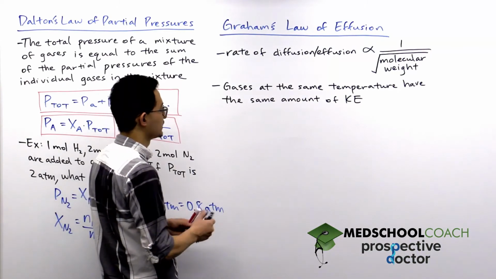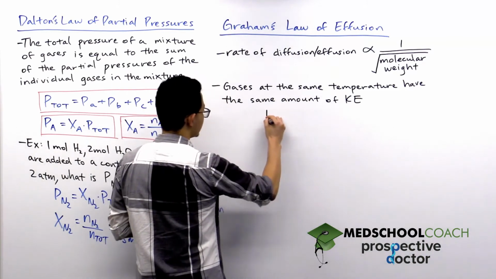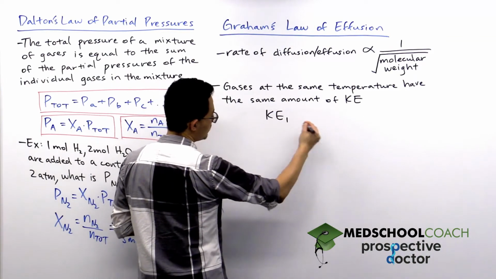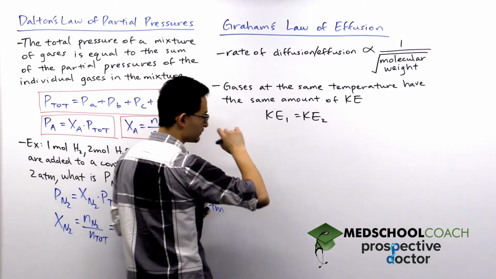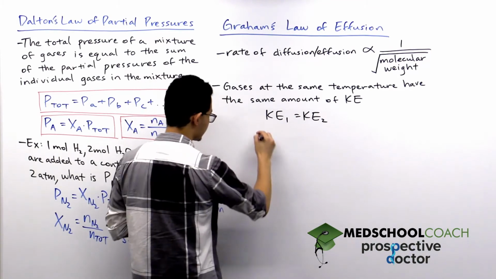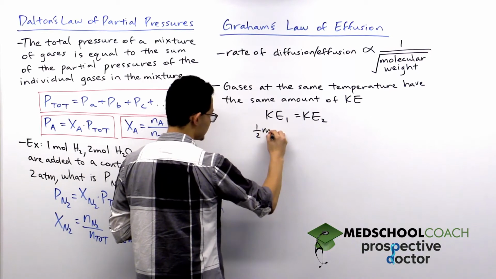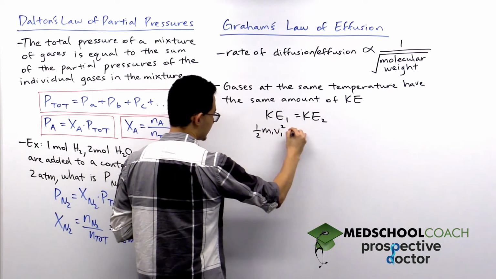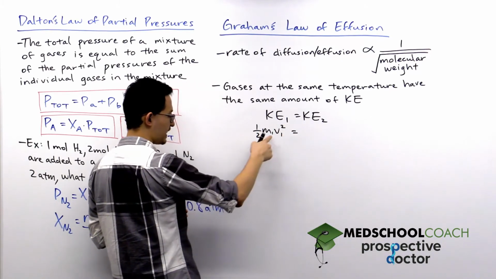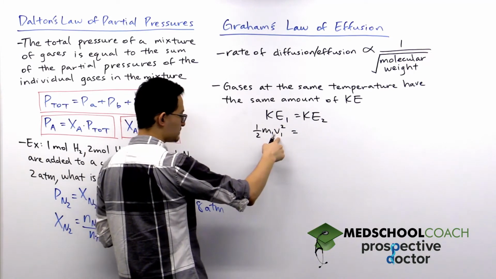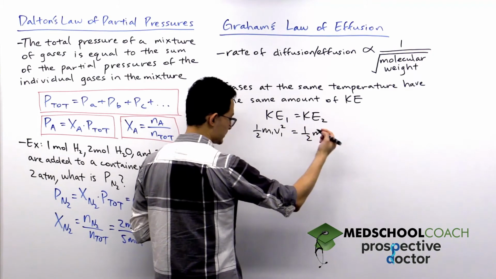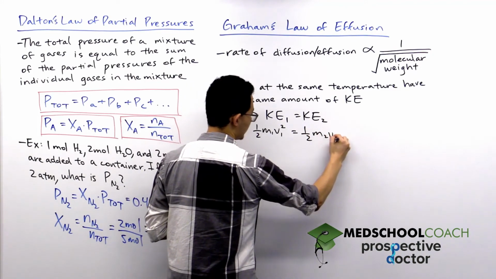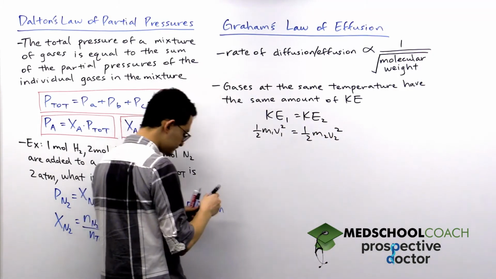We can write this out in equation form as the kinetic energy of gas 1 is equal to the kinetic energy of gas 2. And we know the equation for kinetic energy, it's 1/2 mv squared, so we can say that the kinetic energy of gas 1 is 1/2 m1 v1 squared. And similarly, the kinetic energy of the other gas is equal to 1/2 m2 v2 squared.